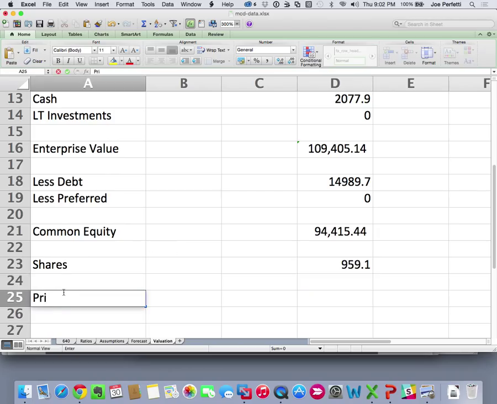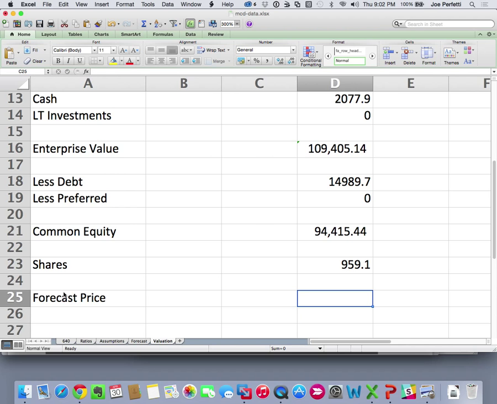So price, or I'll call this the forecast price. There we go. That would say it would be worth $98 a share. Yes?